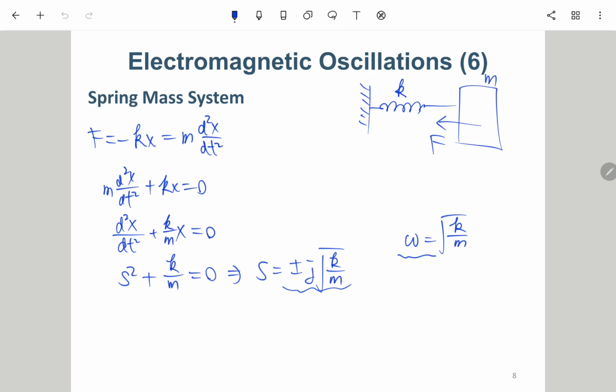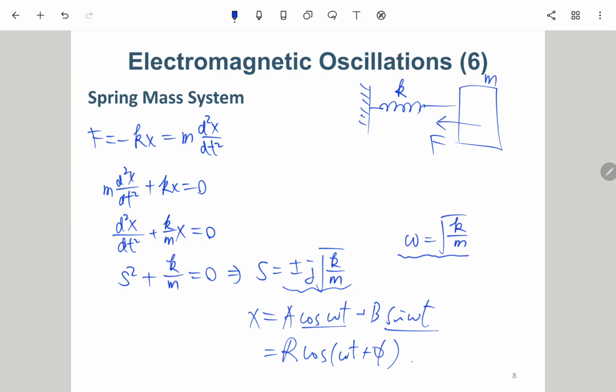Even for here, if we make omega like this, you can also have x be a cosine of omega t plus b sine of omega t. They are similar. And actually, in high school trigonometry, you can always make it r cosine of omega t plus phi or minus phi, depending on what you like. So for the combination of cosine and sine with the same frequency, we can make it a single sinusoid with a different amplitude and a different phase.